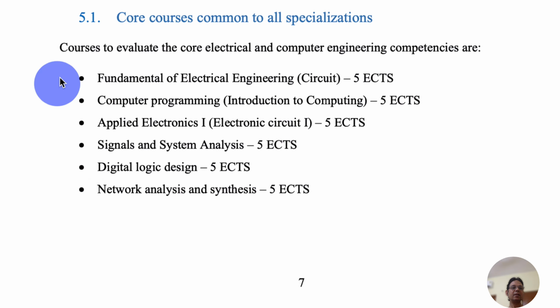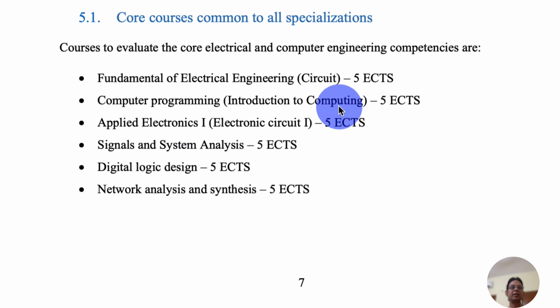So here we can see these are the common courses. Students just have to learn these basics about these courses. Then based on these courses, the type of questions will be covered in the exit examinations.